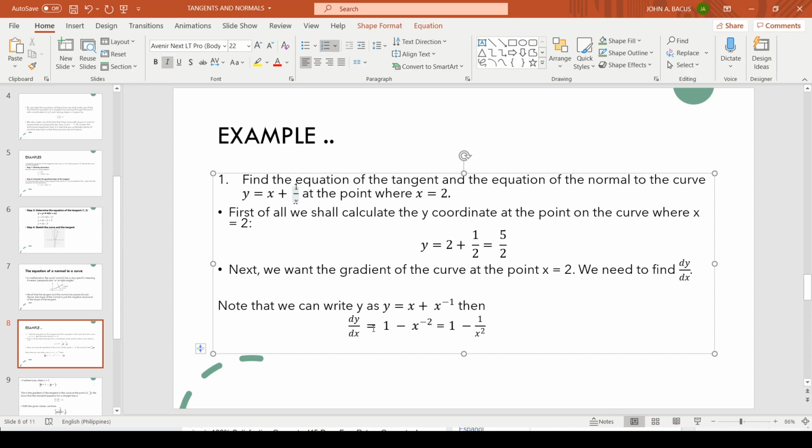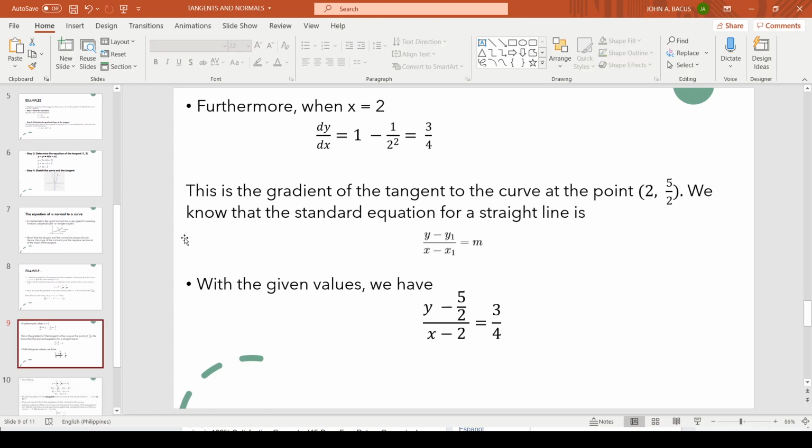To derive with respect to x, the derivative of x is just equal to 1. And the derivative of this one is negative 1 times x raised to negative 1 minus 1, which is simply negative 2. So that's why it becomes 1 minus x raised to negative 2, which is equivalent to 1 minus 1 over x squared. When we bring down the negative exponent, it becomes like this.